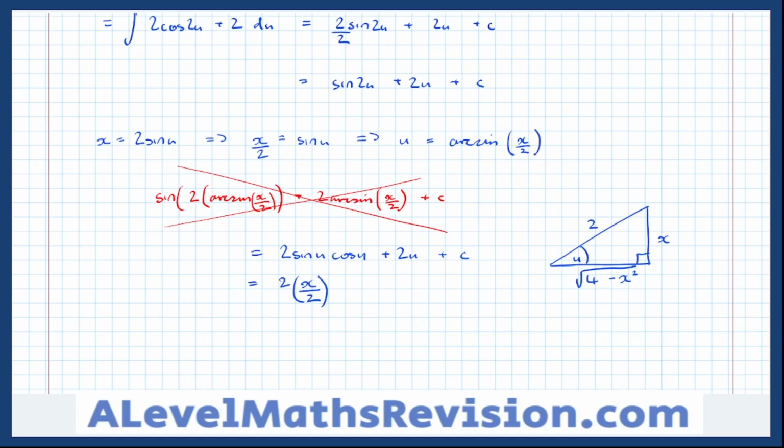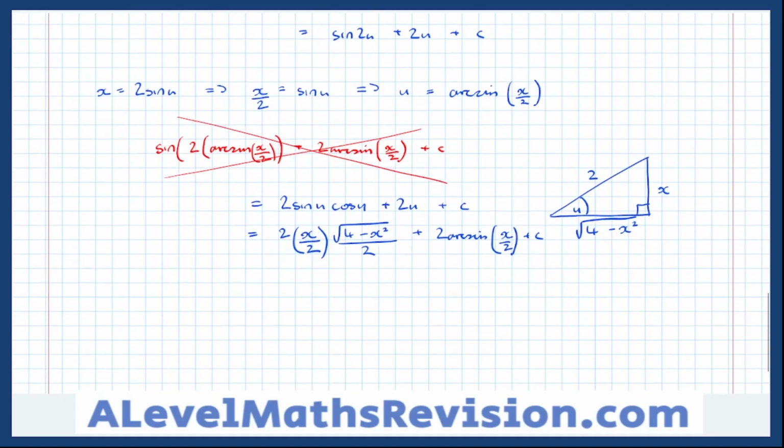But cos u, we can see here, is adjacent over hypotenuse, SOHCAHTOA, so the root of 4 minus x squared over 2, plus 2 lots of arcsine, and arcsine x over 2 was u, plus c.